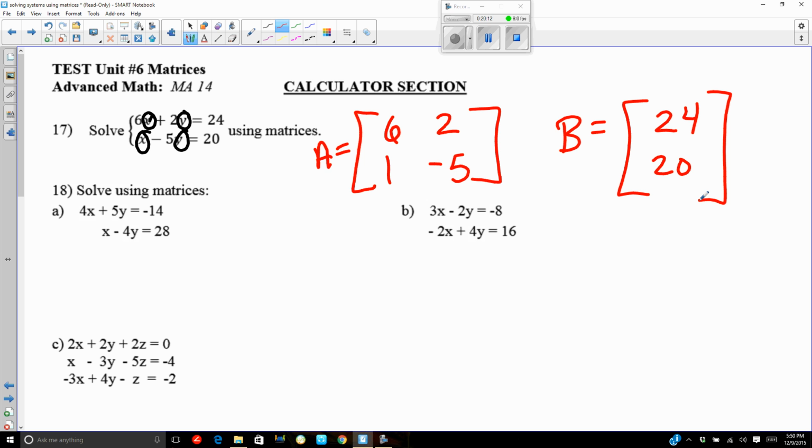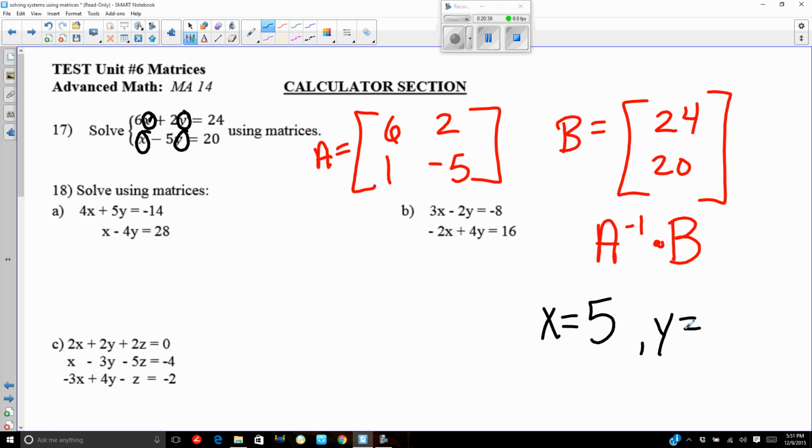To get your answer, to solve for both x and y, you're going to multiply the inverse of A times B in your calculator. Speaking of which, you can do this by hand. It would just take a little bit longer. Ultimately, your answer for this problem is x is equal to 5, y is equal to -3.